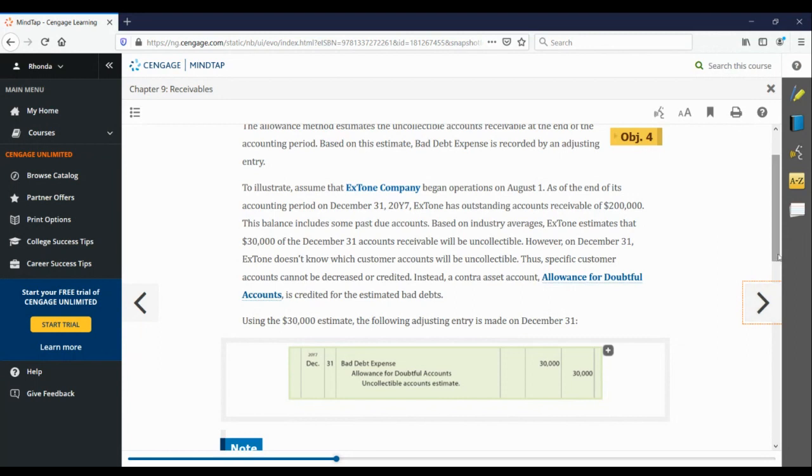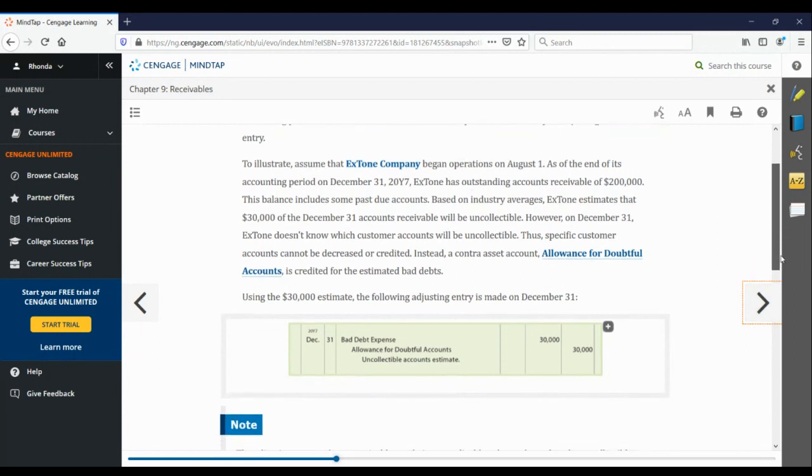So the allowance for doubtful accounts is a contra asset account. This is your adjusting entry that you have to make before you can write off any accounts using the allowance method.